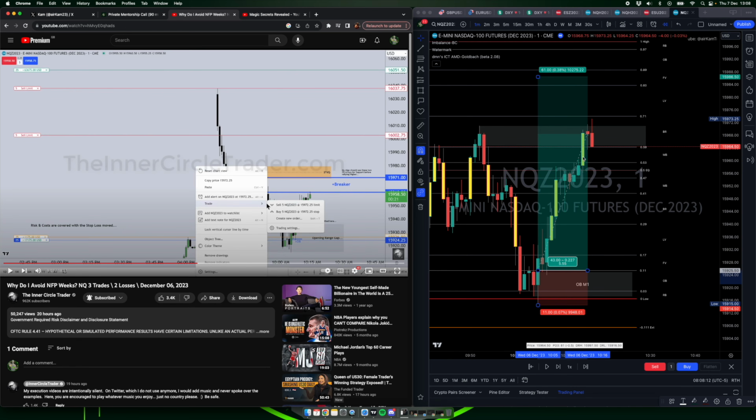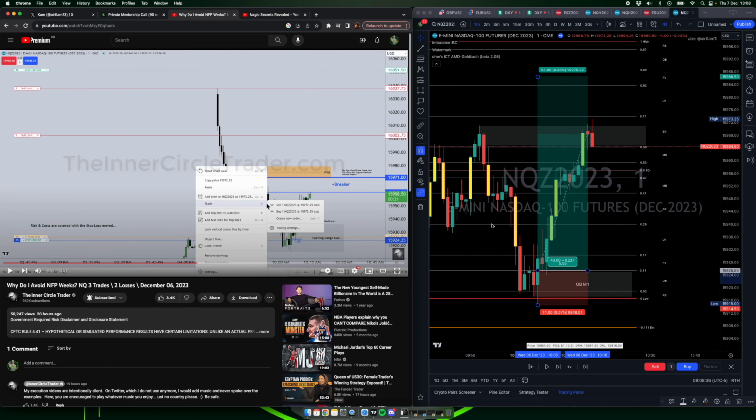If the algorithm wants more buys, it's going to go back down here, right? That's why it makes sense to take partials at EQ, because you are buying in a discount, and now this is your first opportunity to sell in a premium. So as soon as you get above EQ, you can start selling in a premium.